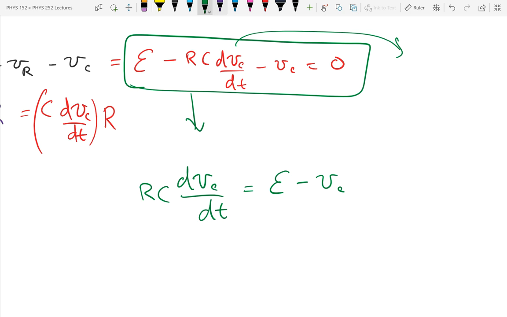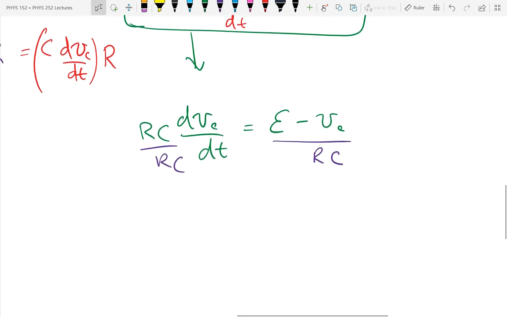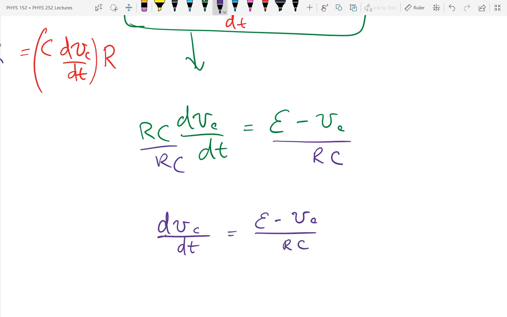And then divide everything by RC. So I have, and keep in mind my C's may be a little sloppy, but the only voltage here is the voltage across the capacitor.